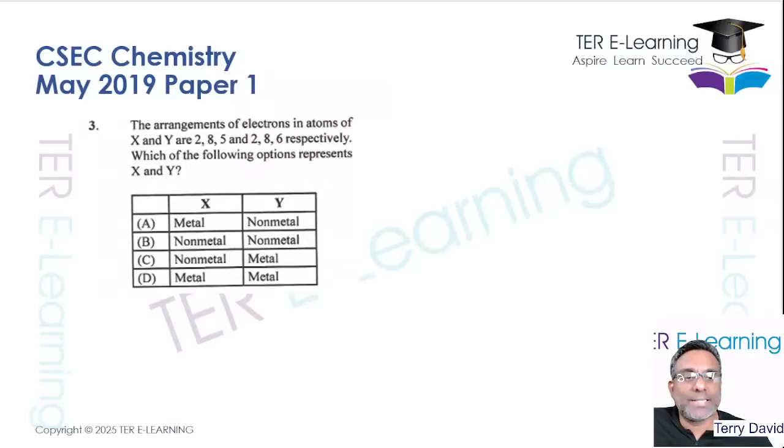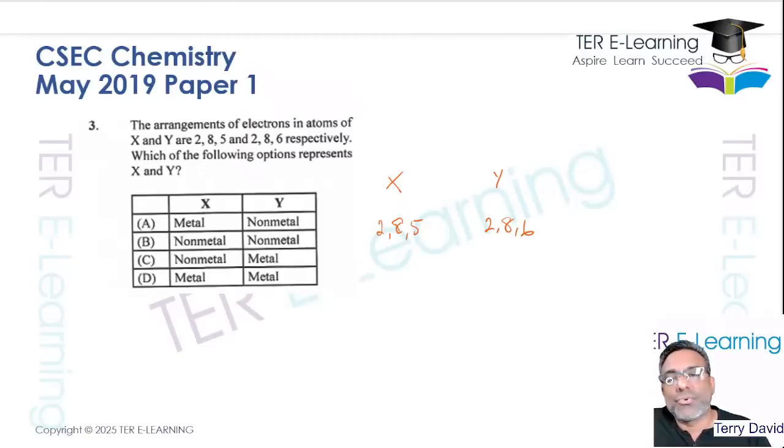So people saying the answer is B. Here's the reasoning behind this. If we have X and the electronic configuration of X is 2,8,5 and Y has electronic configuration 2,8,6, here's the reasoning behind this. So this number here will tell us that this belongs to group 5.